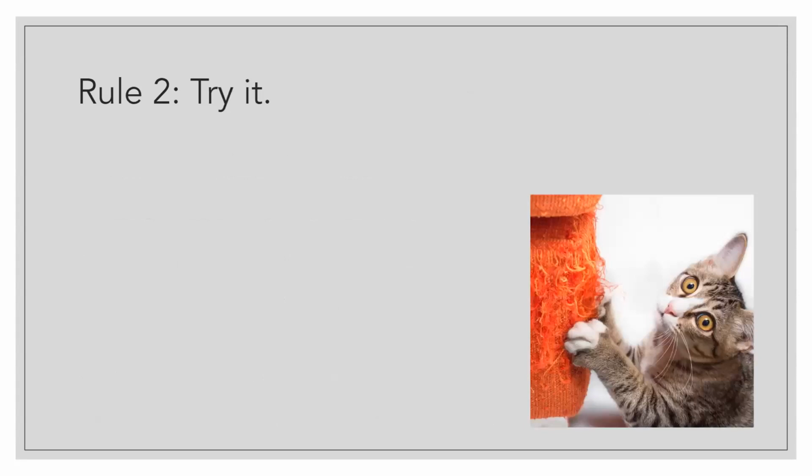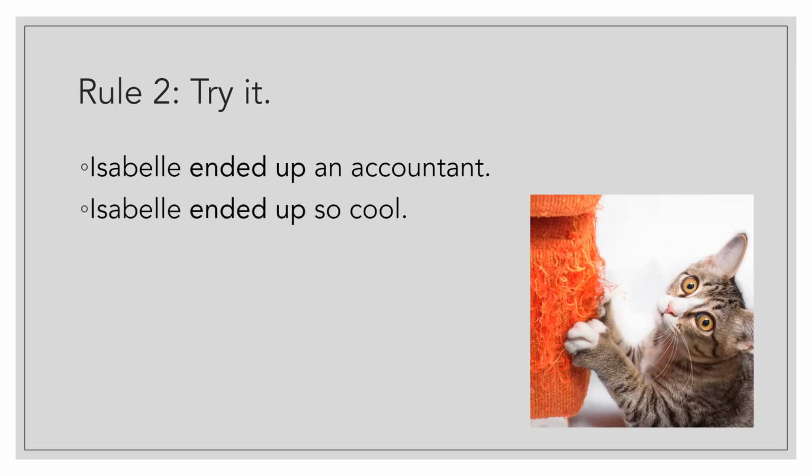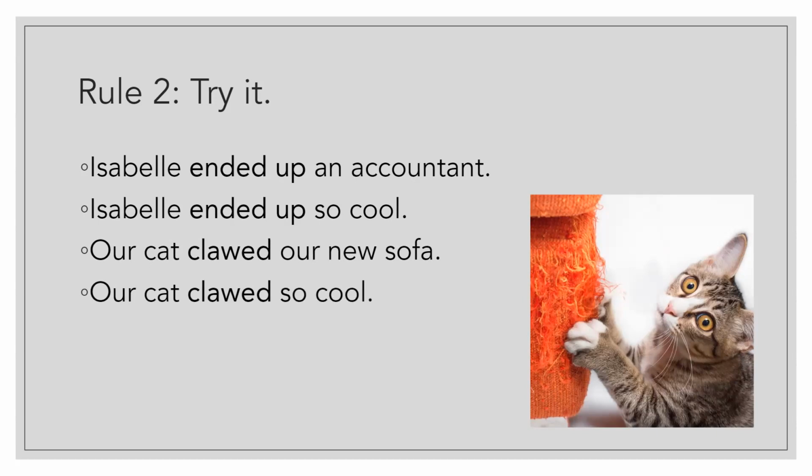Okay, so on these examples, again, we have ended up. Instead of accountant, we take the noun phrase, put an adjective phrase. We have our new sofa. Let's take that noun phrase out, put an adjective phrase. Which one makes sense?